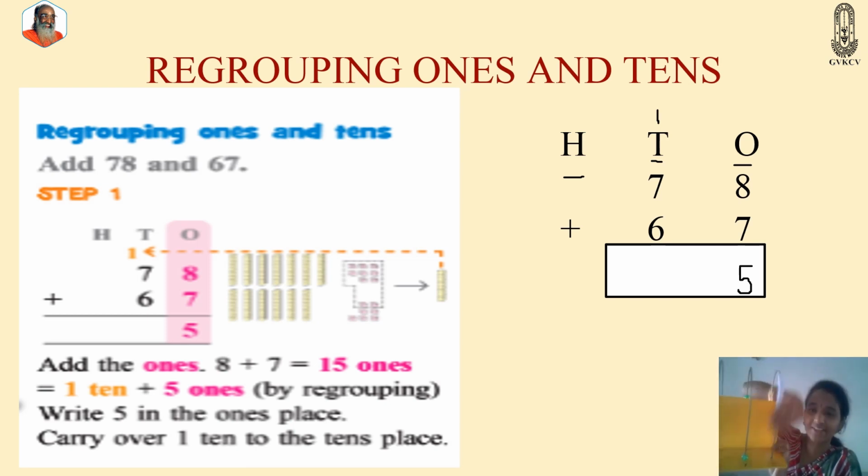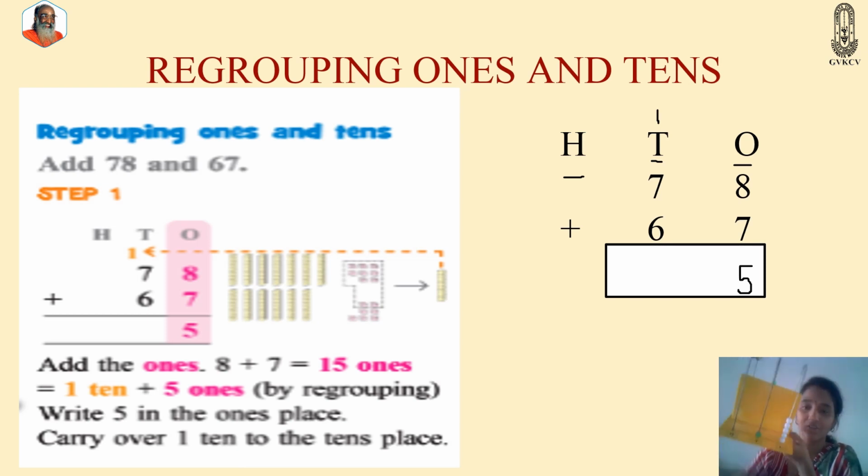Now I am taking this back. 2 over in 7. Now 3, 4, 5, 6 and 7. Now what did you get? Under tens, 1 is there, and in units or ones you have 5. See, 1, 2, 3, 4 and 5.